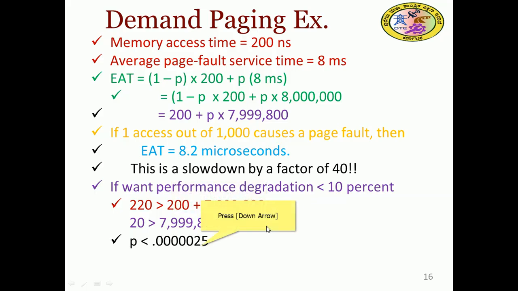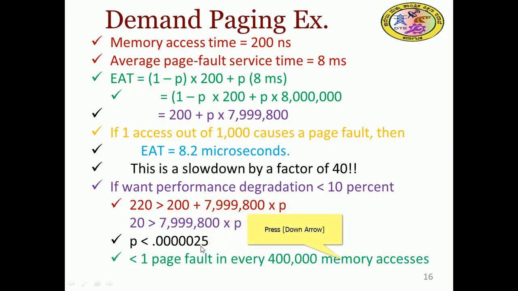So p is less than 0.000025. That is, there should be less than one page fault in every 40,000, that is 4 lakh, memory accesses.